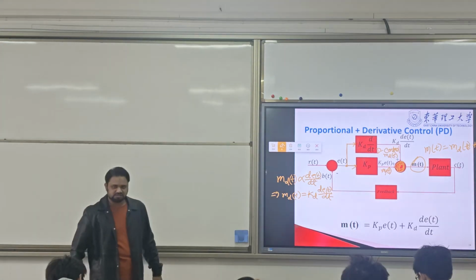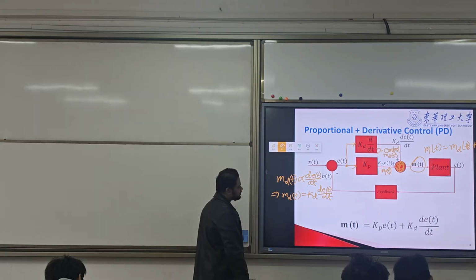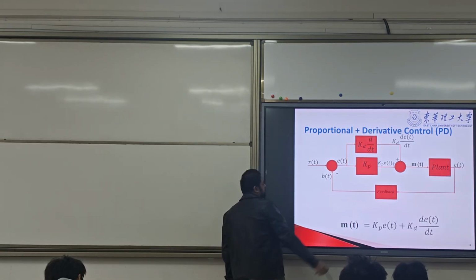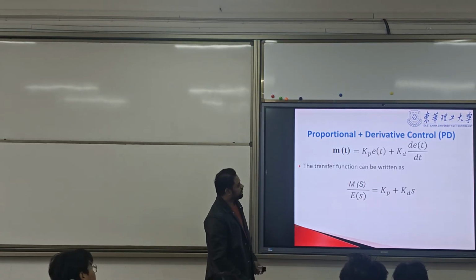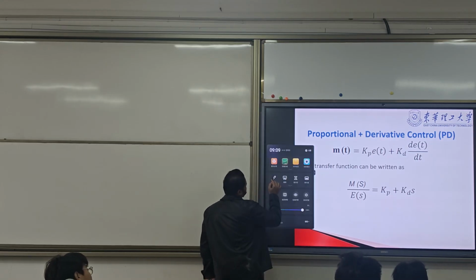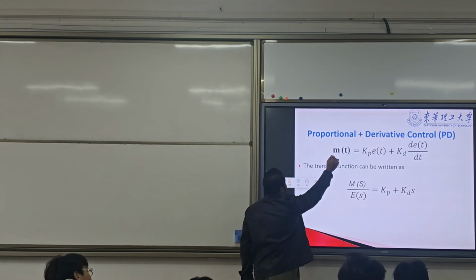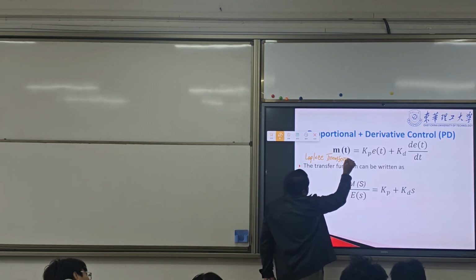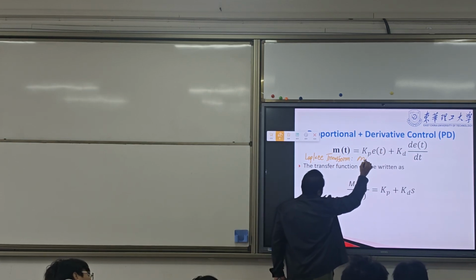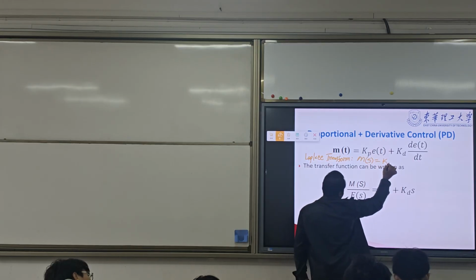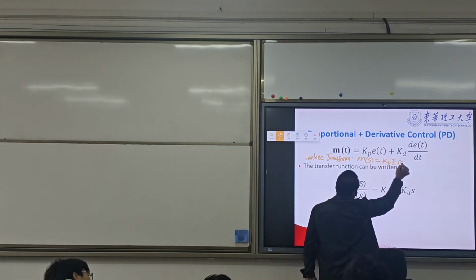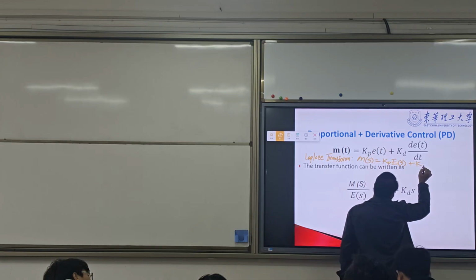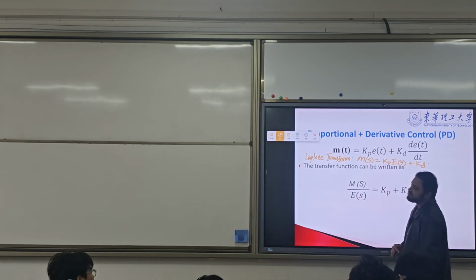Again apply the Laplace, because we need to find out the transfer function. If you apply the Laplace transform, you will get ms is equal to kp into es plus kd into what?